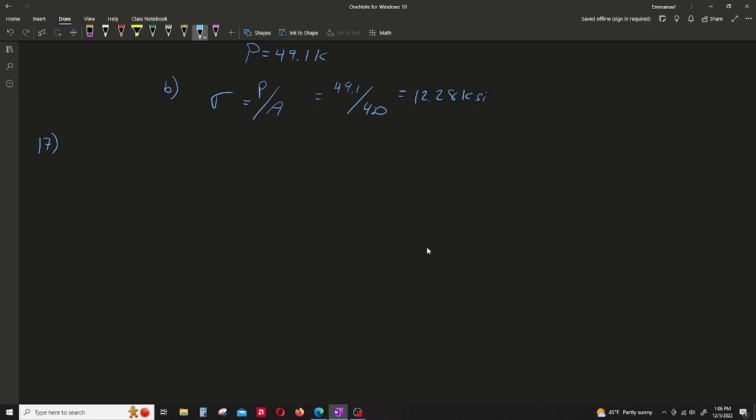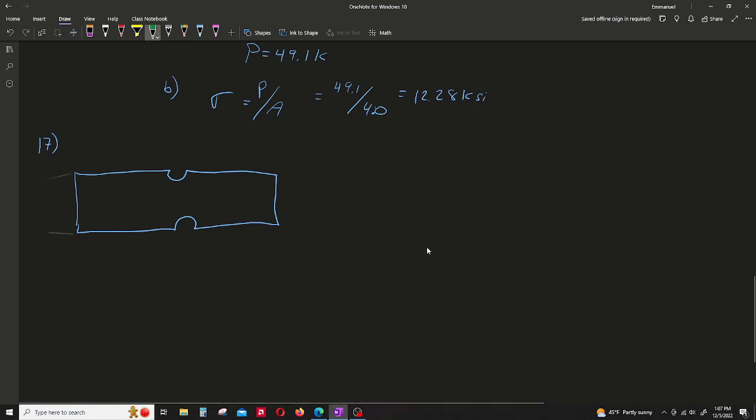But what's R? Well, let's just draw the image first so that we can see everything. And of course, that's not drawn to scale. We've got 120 mm, right?